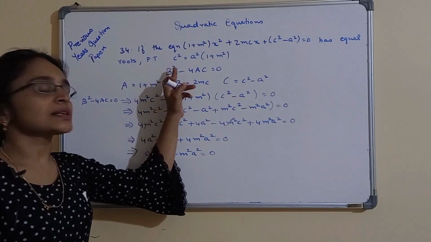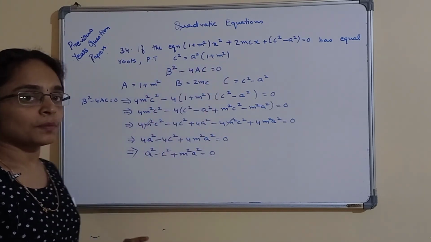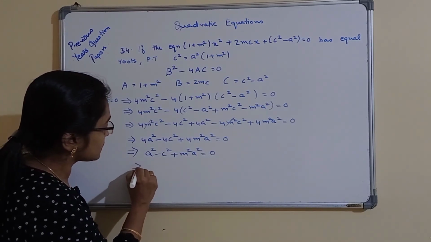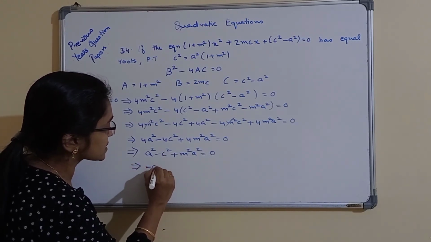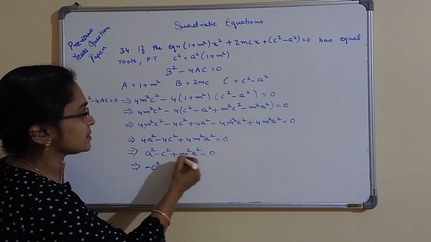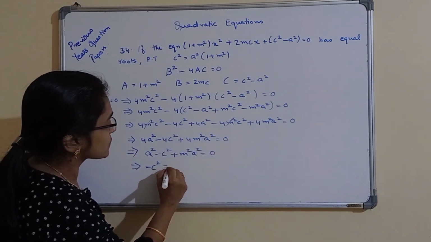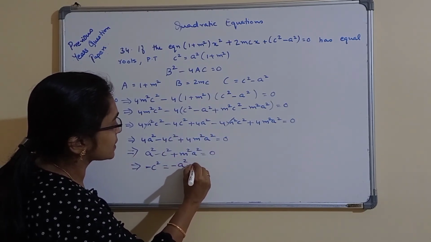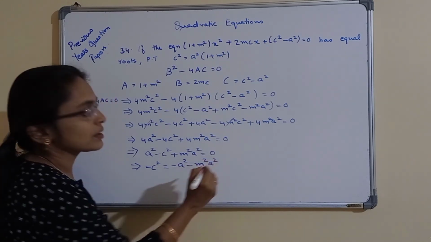So we have to get c square equal to a square into 1 plus m square. So we can keep this c square here, minus c square here, and take this to the right hand side. So this will become minus a square minus m square a square.